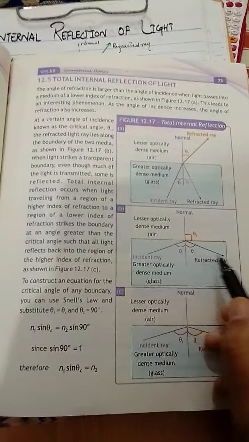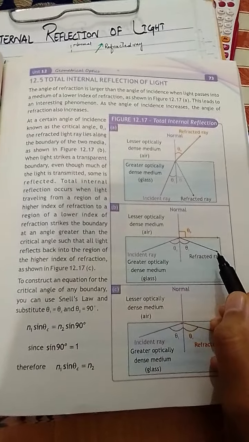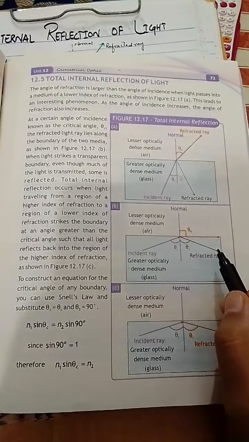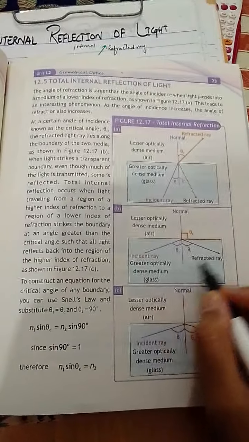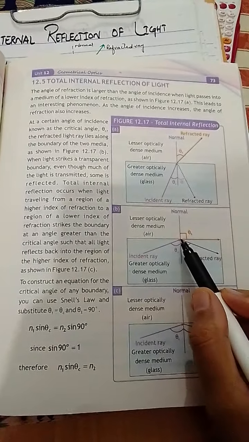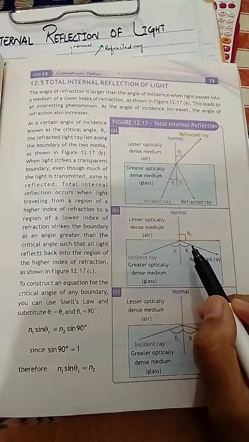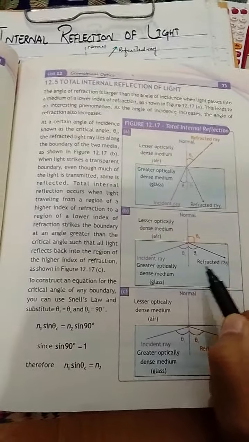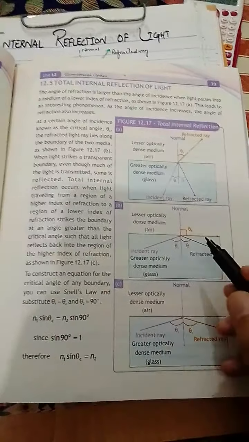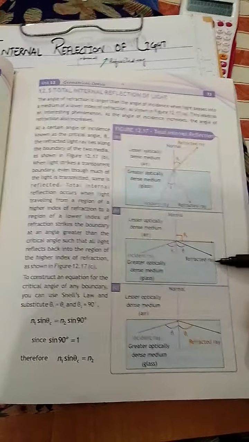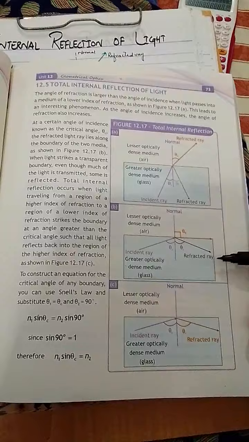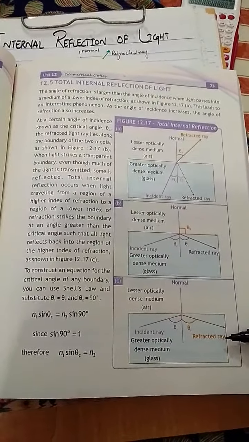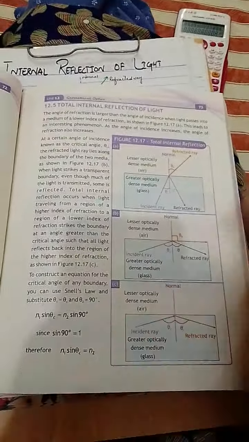But you can see here, this ray does not start traveling in another medium. It just keeps traveling in the glass in this case, but it gets deflected from its original path. Okay, so this is not a refracted ray, this is a reflected ray. I don't know why they've put refracted ray over here. This word shouldn't be here. This should be reflected ray. Okay, I'll tell you why later.